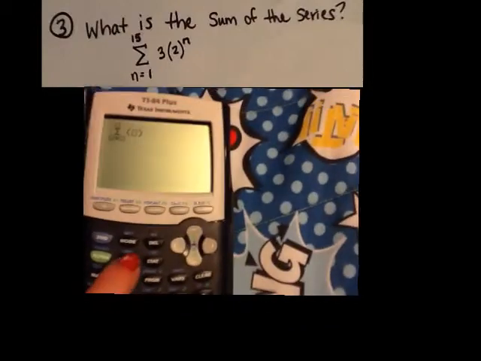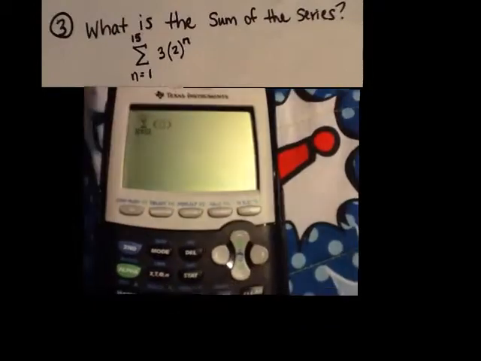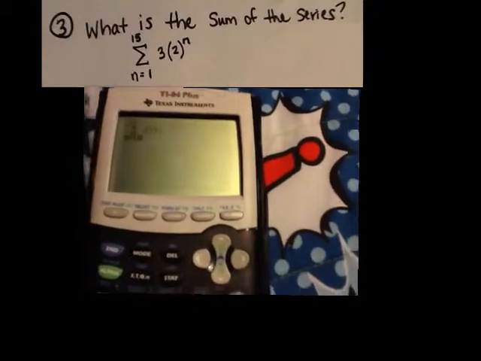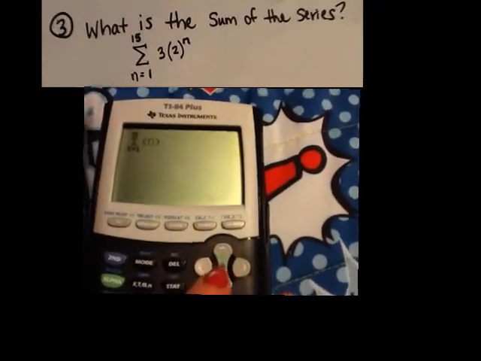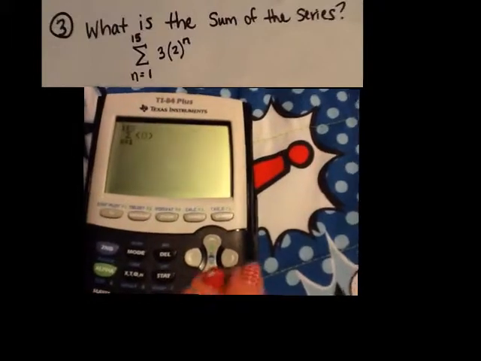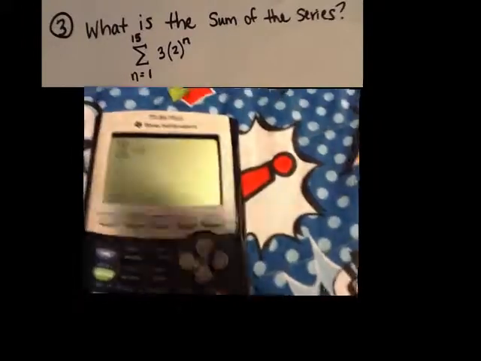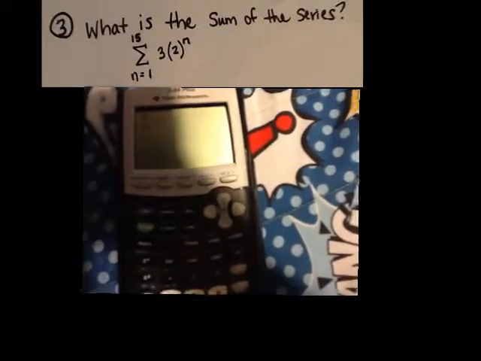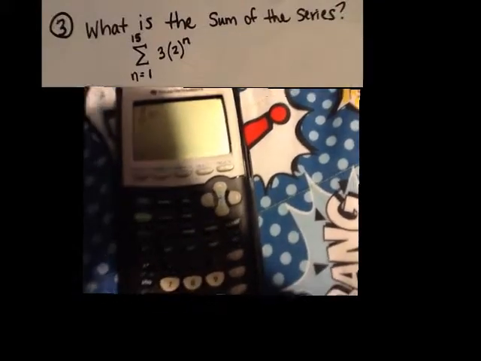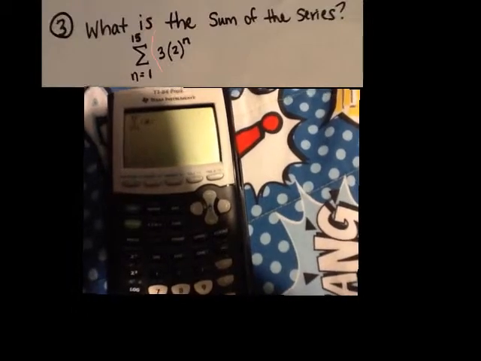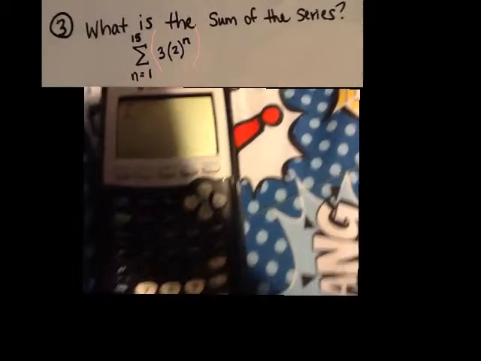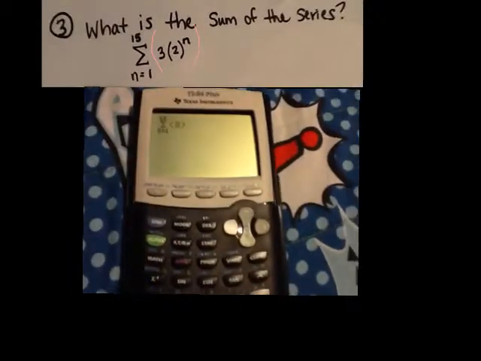Okay, and you're going to use X's for variables in sigma notation, and then type everything else in as you see it, 1 to 15. But remember that the parentheses you see here on the calculator, those are not the parentheses you see on the problem. Those parentheses have to contain everything that's in the problem.